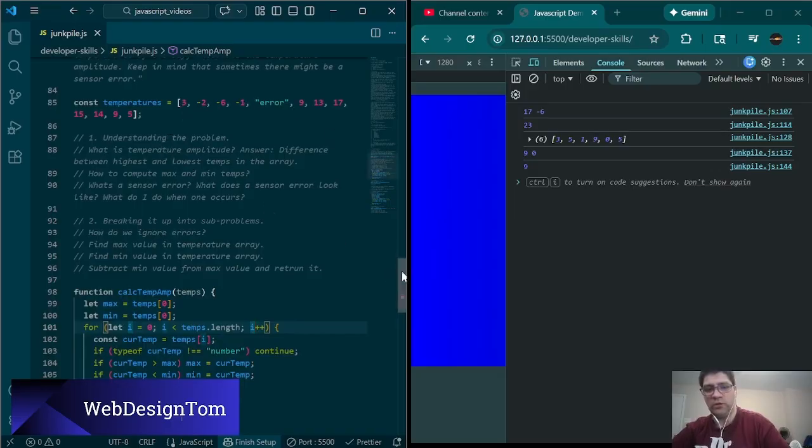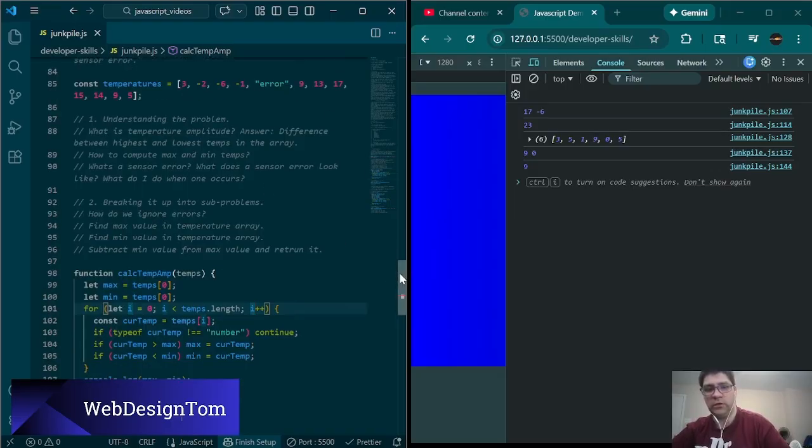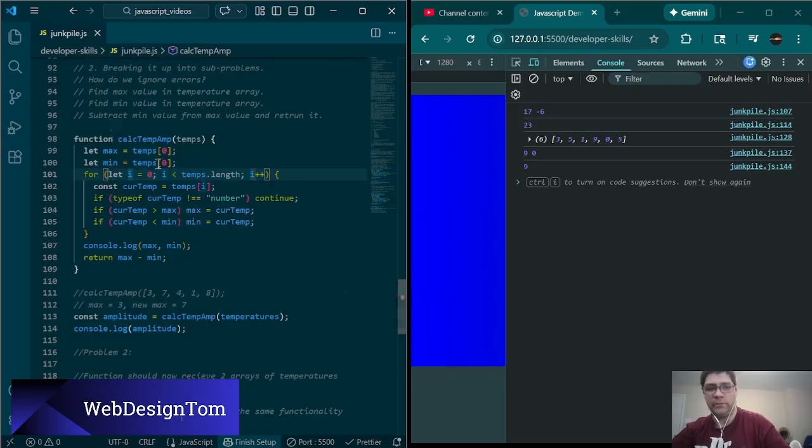So we were just telling it, what do we want to say? The highest temperature in an array. So we wanted to iterate over that, and then once it finds the highest number, that it will now be the new current temperature. So that's what we did.